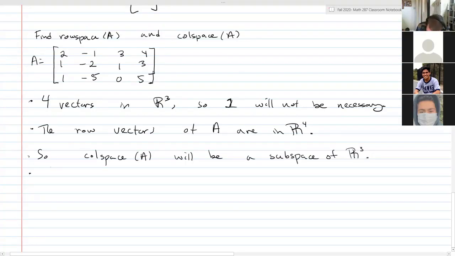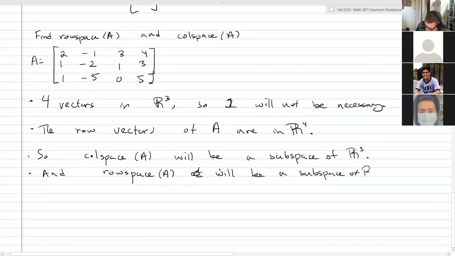And in addition to that, row space of A will be a subspace of R4, because the vectors are in two different spaces. Notice row vectors, we have 4 values for the row vectors, okay? And the column space is only 3.